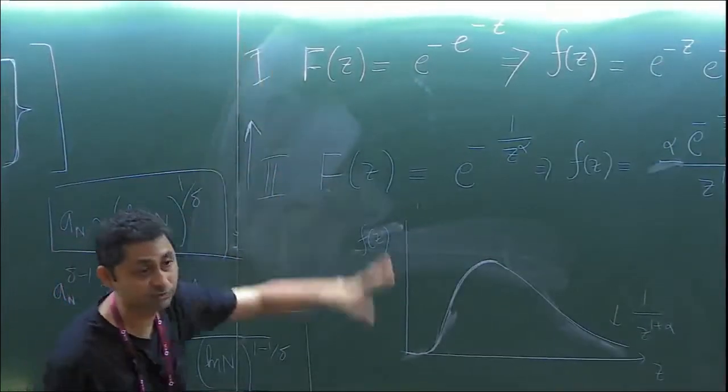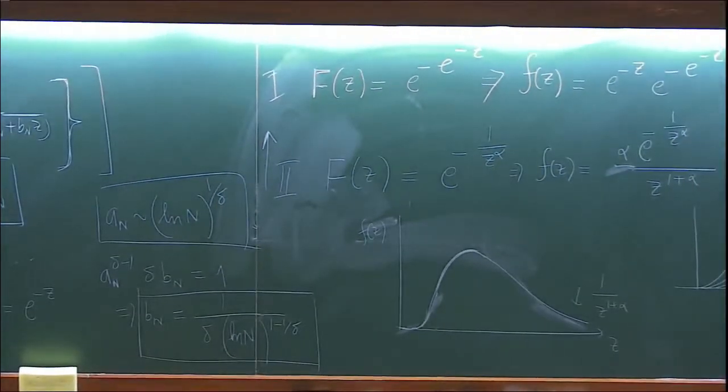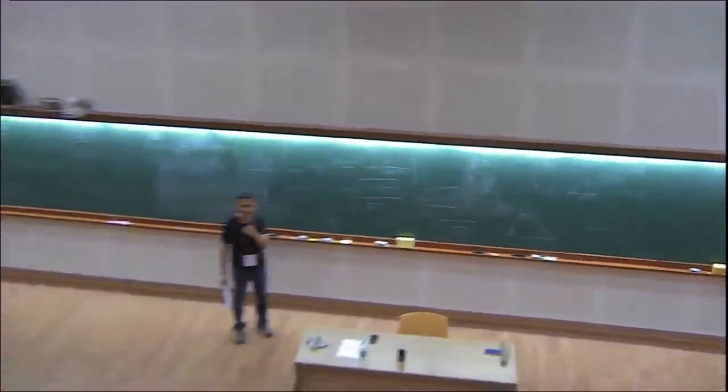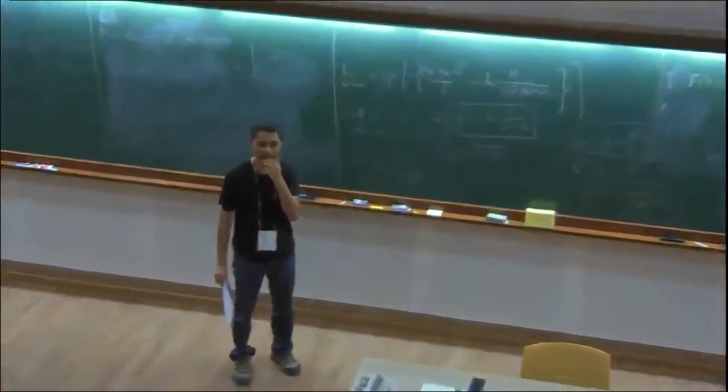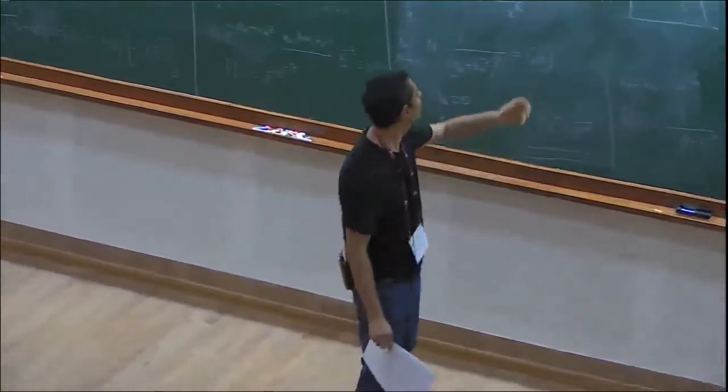Is there some other function which decays faster than this kind of exponential? Some tail which decays faster than exponential? We have already considered one case yesterday. No, even simpler than that. 1 by 1 plus x square is power law, no? For large x. Some functions which decay faster than any exponential tail.